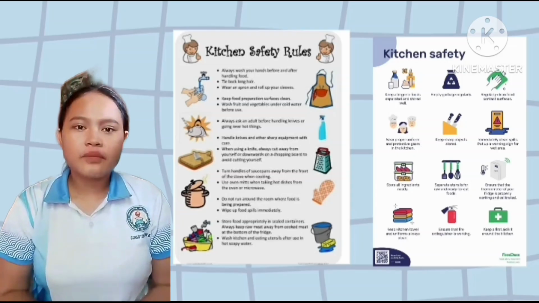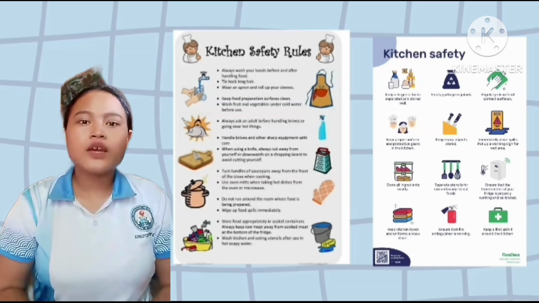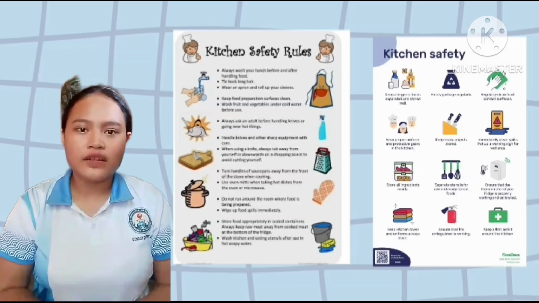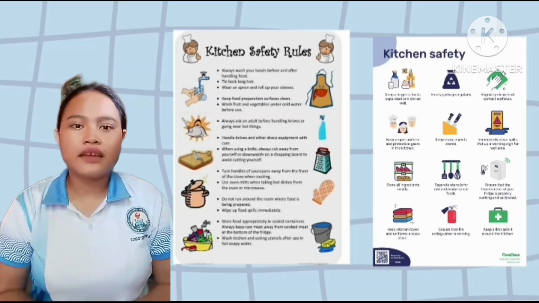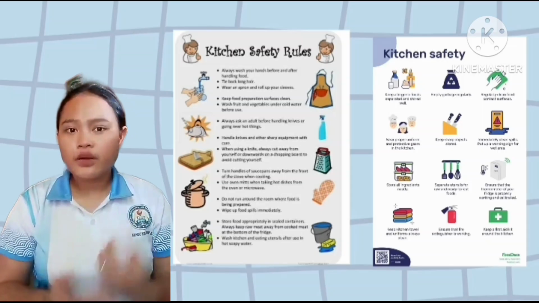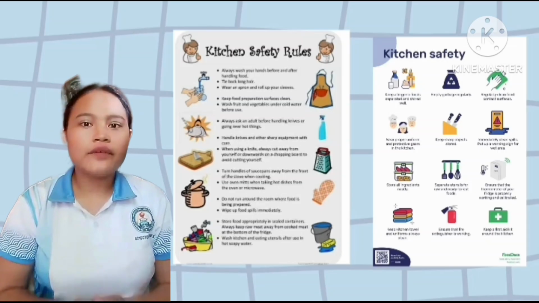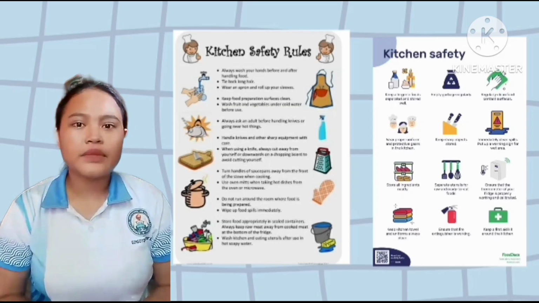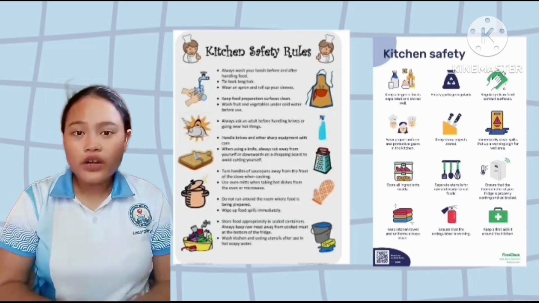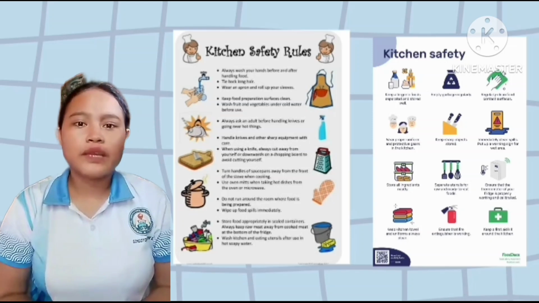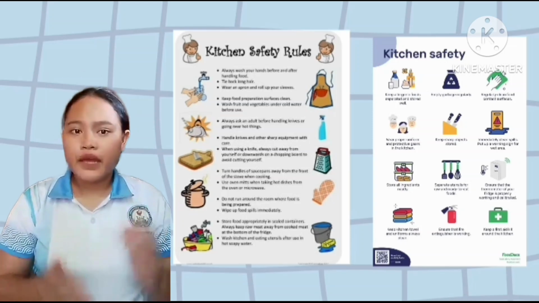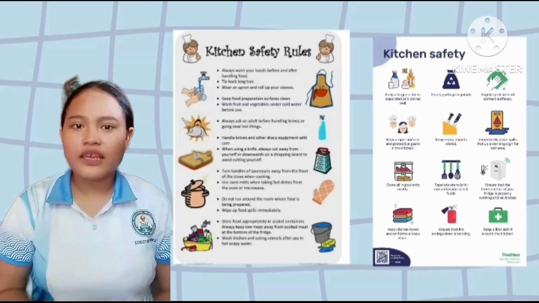Since the kitchen can be a fast-paced environment, quick comprehension is essential. Students can glance at a poster and immediately recall the correct action to take, helping them avoid accidents and maintain cleanliness. Moreover, visual literacy goes beyond simple recognition, and it encourages critical thinking and awareness.